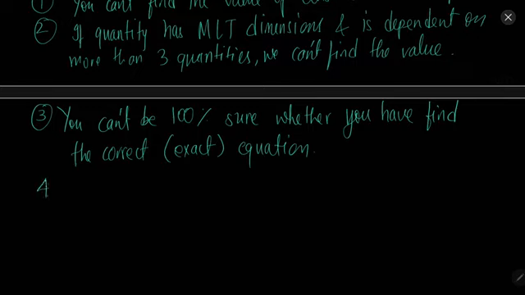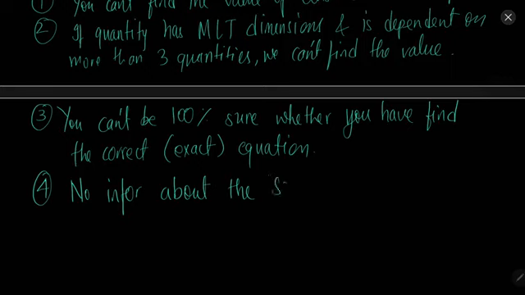It also does not give any information about whether the quantity is scalar or vector. So it gives no information about the scalar or vector nature of the quantity. We cannot say that the quantity is scalar or vector using dimensional analysis.